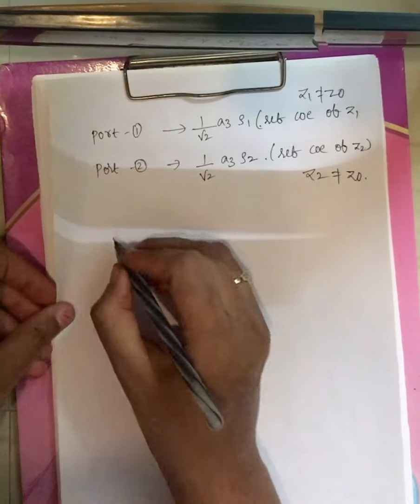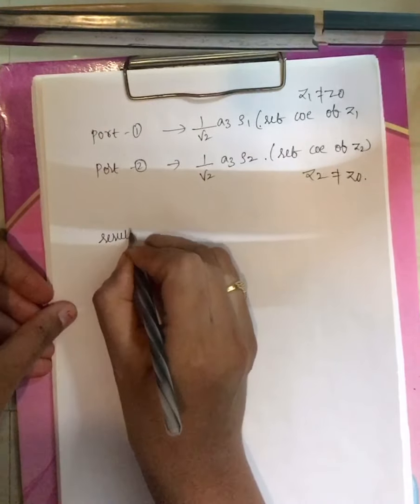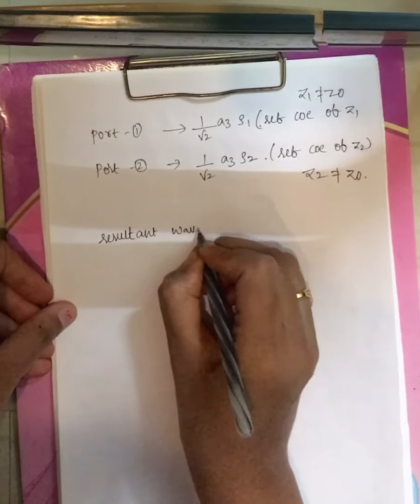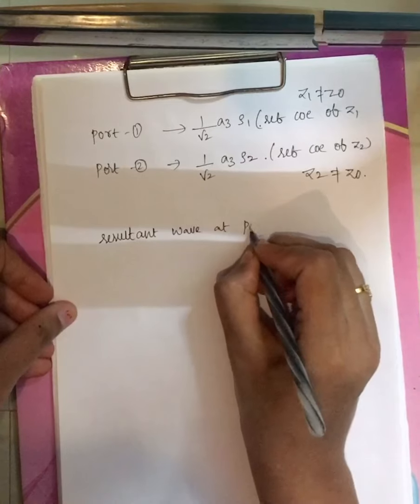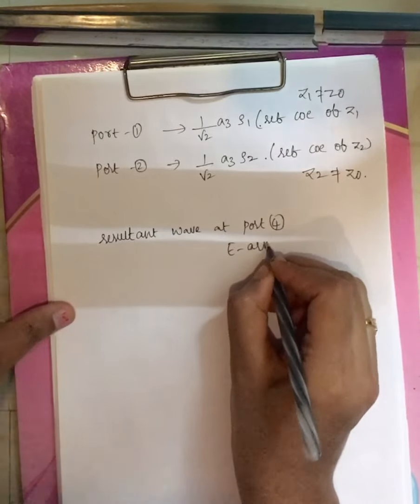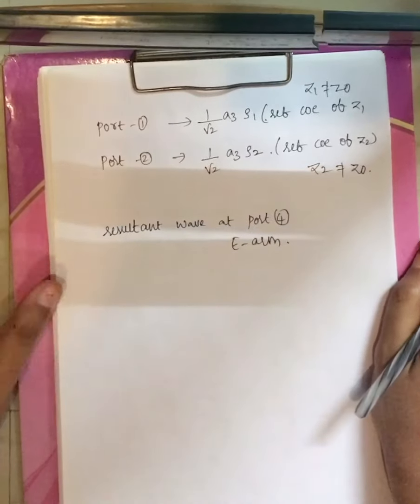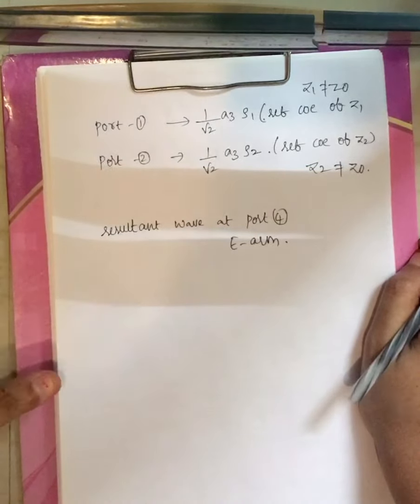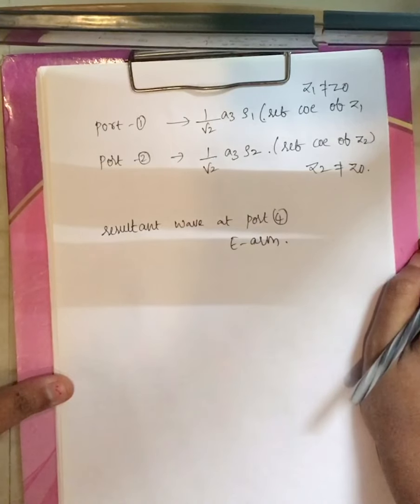Now what is the resultant wave at port 4? The resultant wave at port 4 is nothing but your E arm, right? The output at port 4 will be the subtraction of those input powers from port 1 and port 2.